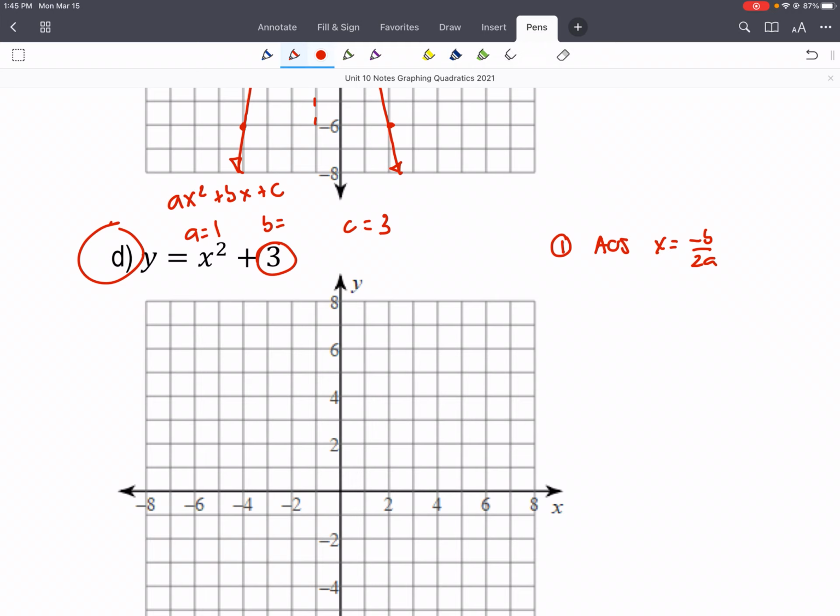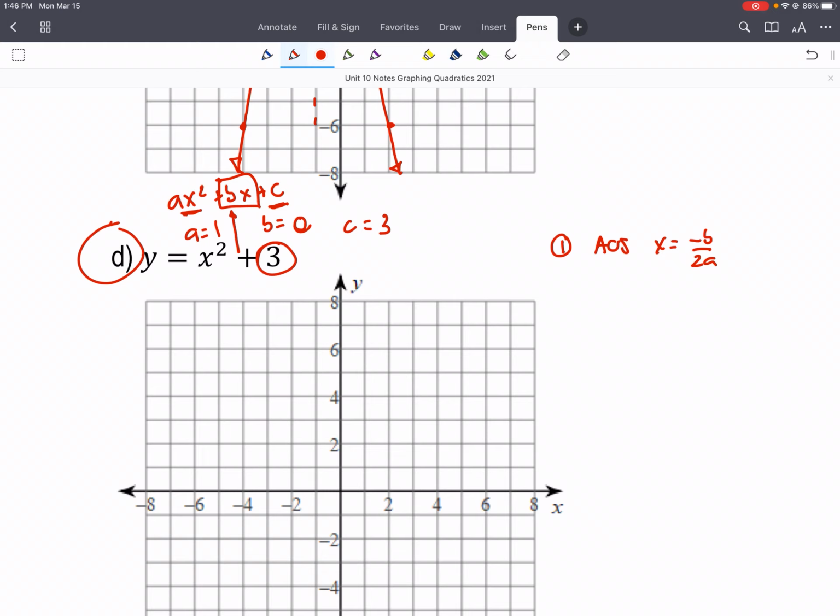And b, we talked about this before in our last unit when we were factoring: if the middle term is missing, it's got to be 0. Please notice that if the middle term, the term that just has an x, not the term with the x squared, not the term that has just the constant, is missing, we need to write down that b is 0.